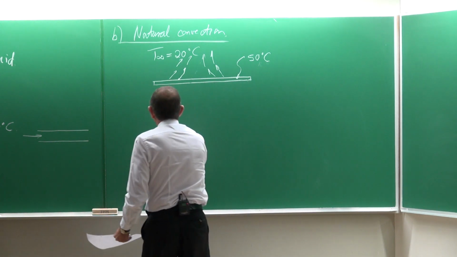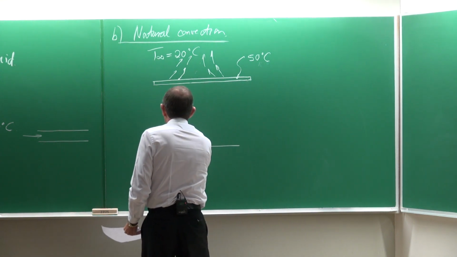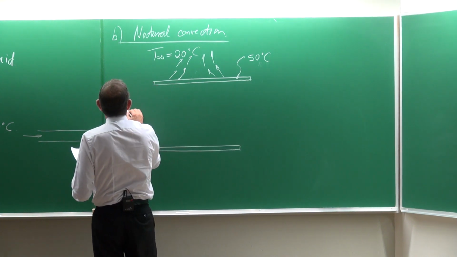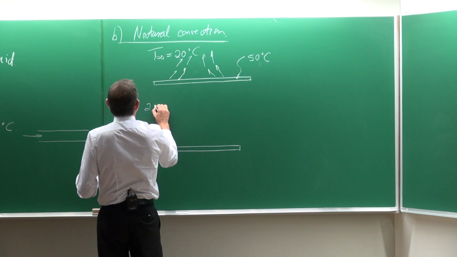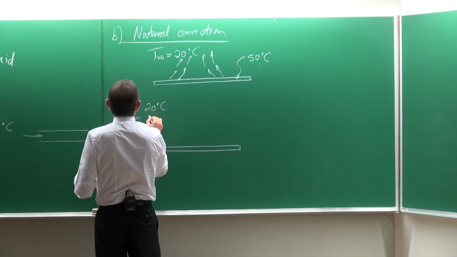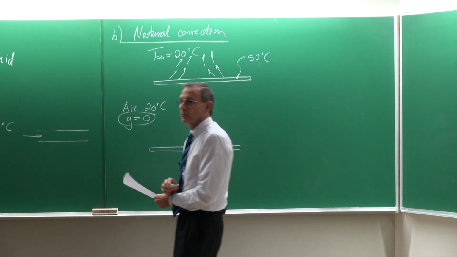And the third one is the very special case where we have air at 20 degrees Celsius. However, g is equal to 0.